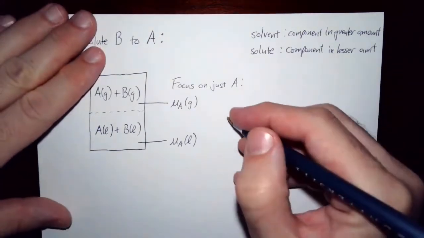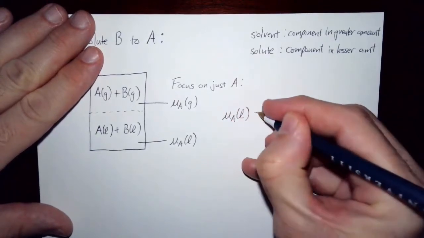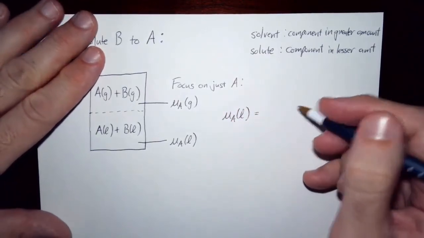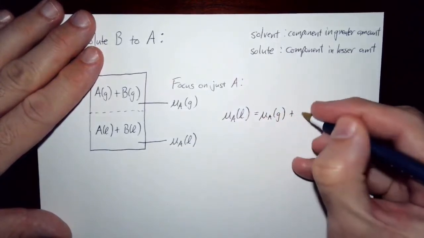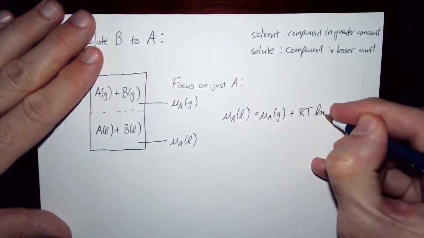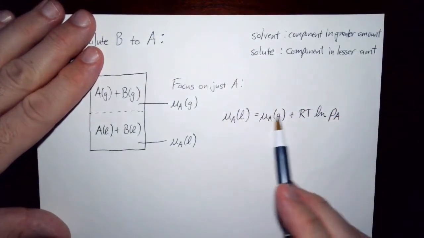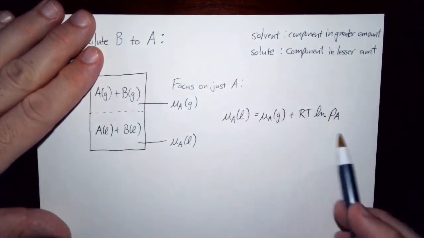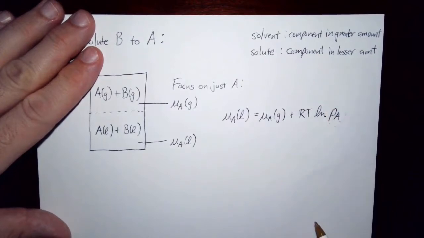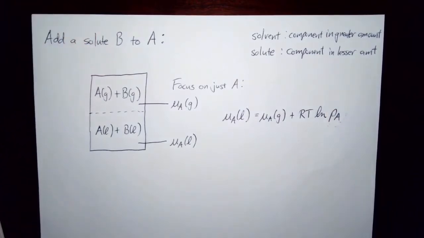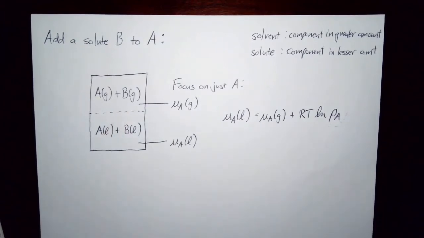Okay, so we can follow the same argument that we just used to show that the chemical potential of the liquid A is equal to the chemical potential of the gas A plus RT ln the pressure of A. We've dropped the stars because we're no longer talking about a pure substance. And this pressure of A here is going to be the partial pressure of A. Since it's part of a mixture, B is also going to have its partial pressure.